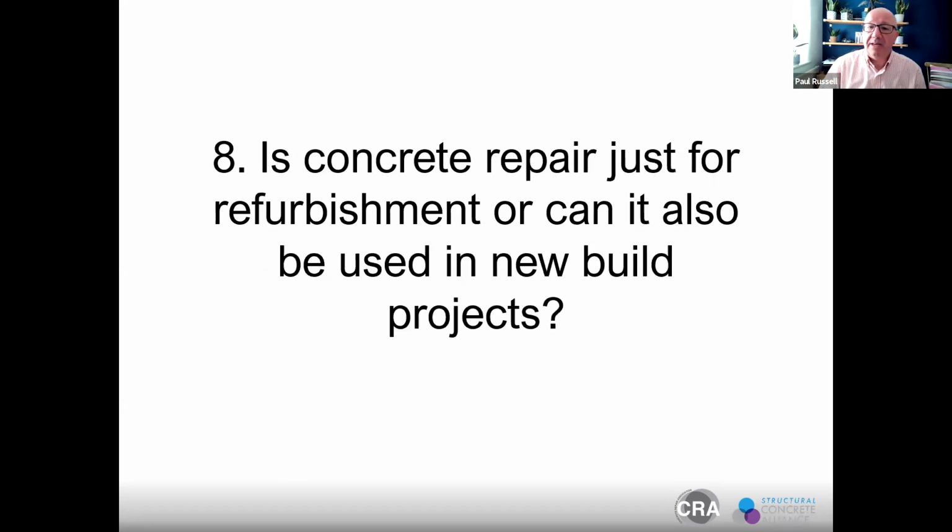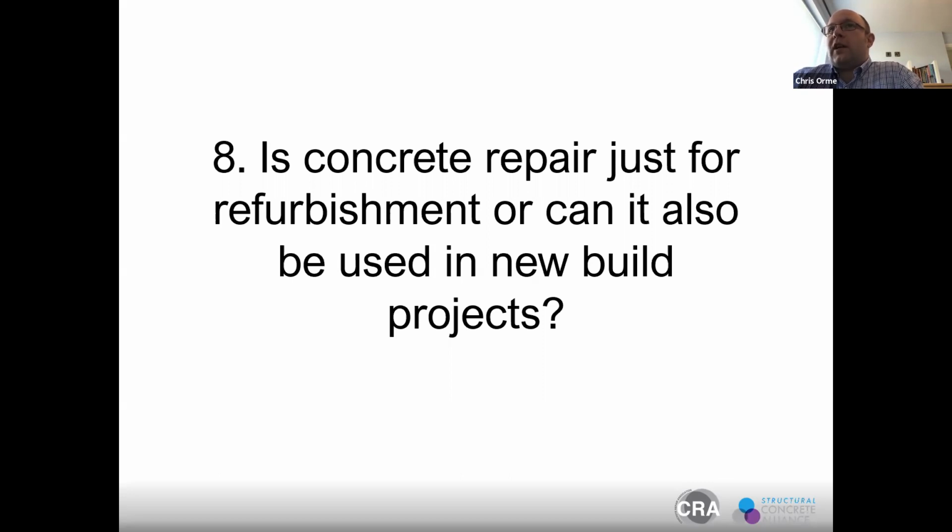Is concrete repair just for refurbishment, or can it also be used in new build projects? Perhaps Chris, you could take us through this one, please. Yeah, thanks, Paul. We think around about 50% of concrete repairs that are carried out in the industry are done in new build. So obviously, a big part of the product that we produce certainly goes into that sector. We're often required to look at situations in the new build construction, and some of these areas include cracks, which obviously we've covered off, low cover to reinforcement as well.